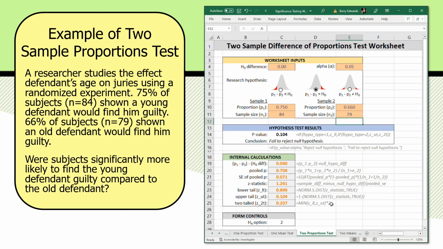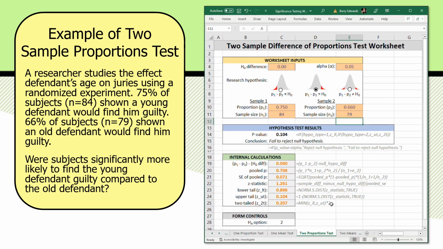This is a fairly small p-value, but it's not less than alpha, not less than 0.05. So this researcher might want to increase the sample size or gather some additional independent observations to have a better test of the hypothesis. We might say this is more just underpowered because of the sample size and not necessarily a false hypothesis.